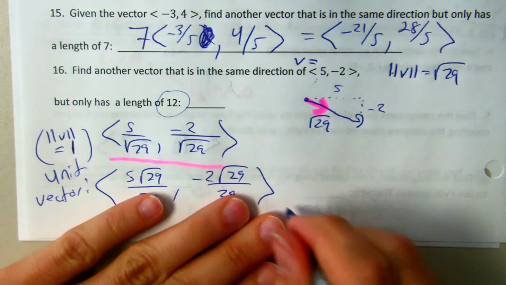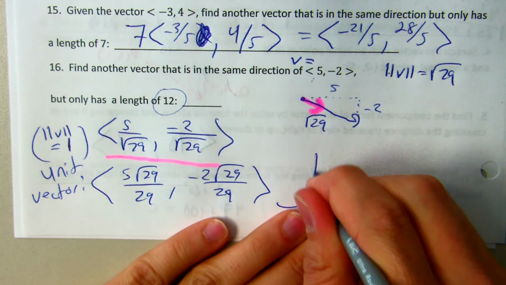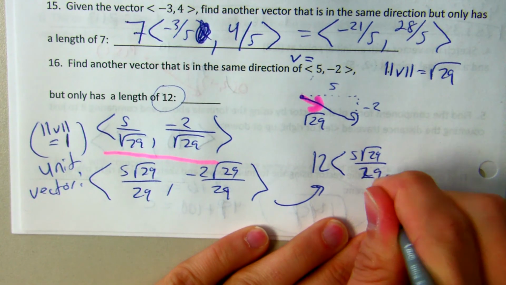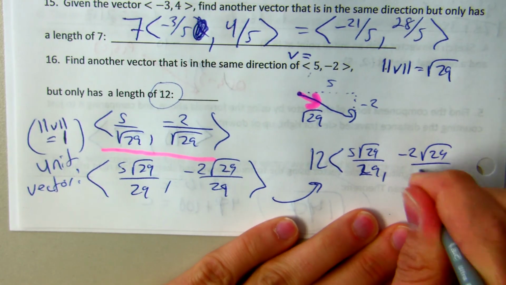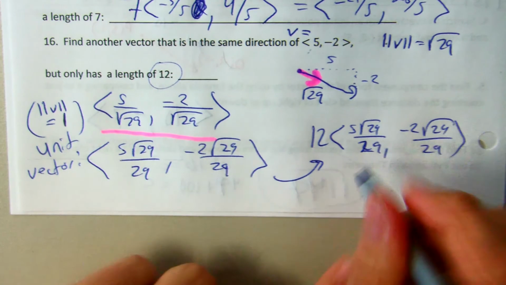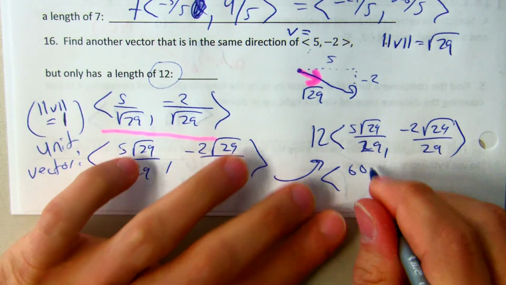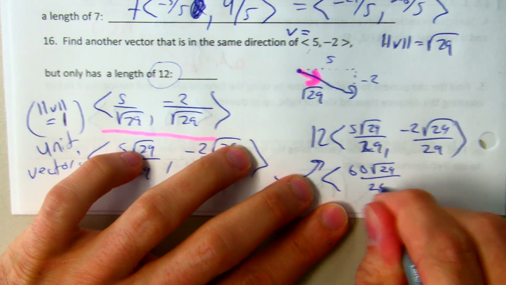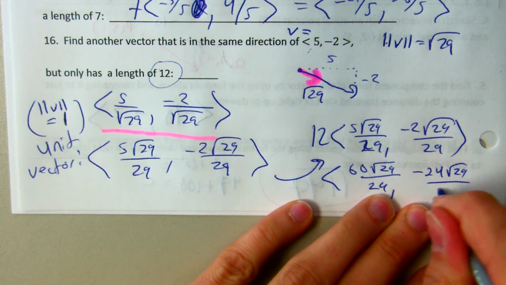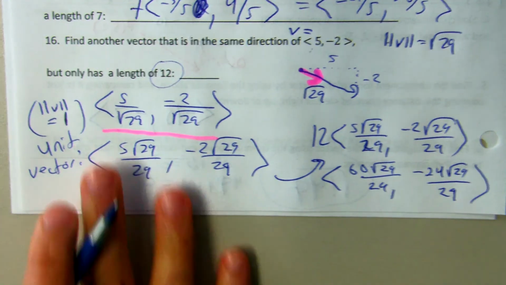In this case, I want to have magnitude 12, so multiply the whole thing by 12, which we saw from the arithmetic at the top of the page. That just means the horizontal component gets multiplied by 12, and the vertical component gets multiplied by 12.